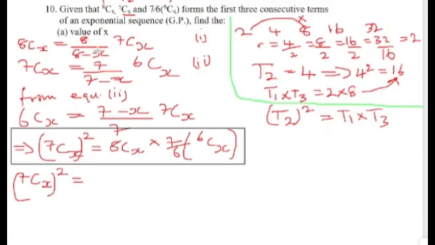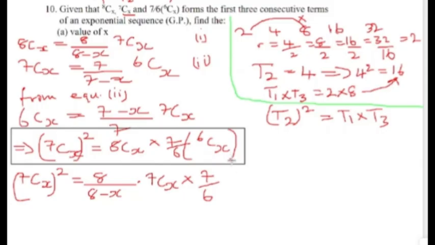So 8 combination x is basically 8 over 8 minus x, multiplied by 7 combination x. So we've written that. Then times 7 over 6 combination x.